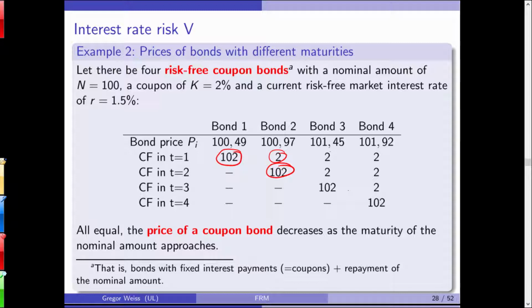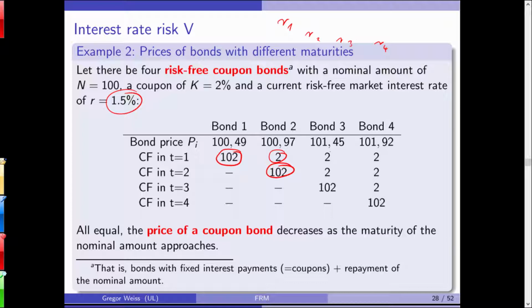That is, you would have one interest rate for a maturity of 1 period, an interest rate for a maturity of 2 periods, and so on. So you would not use just one interest rate, but R1, R2, R3, and R4, and these would probably differ.